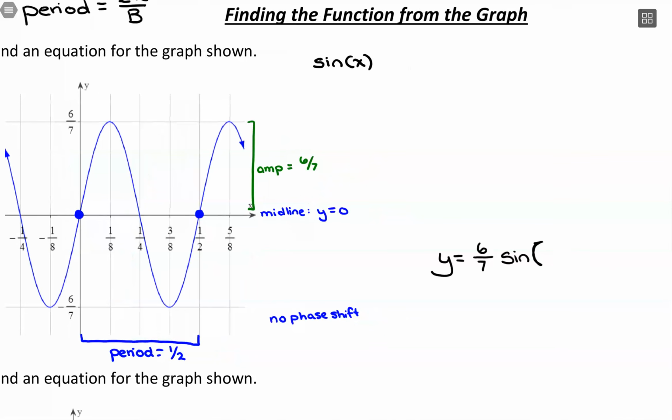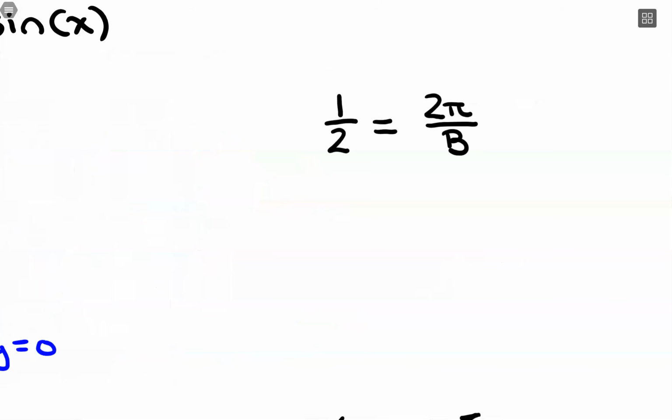So we found that the period is 1/2, and that should be equal to 2 pi over b. So what we're going to do is solve for b. With the fractions, you can do this a few different ways. I like to use cross multiplication. So cross multiplication means on one side of the equation, you'll be multiplying the 2 and 2 pi.